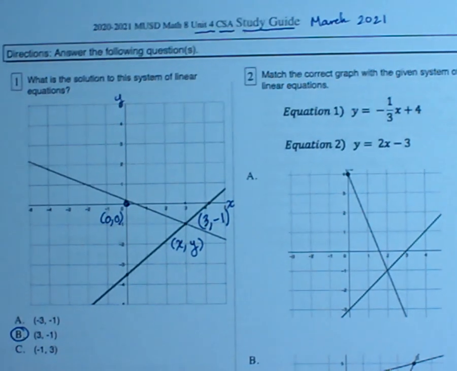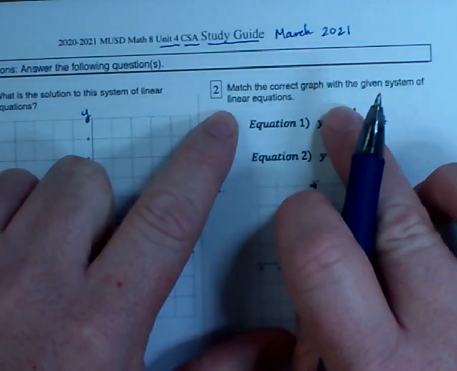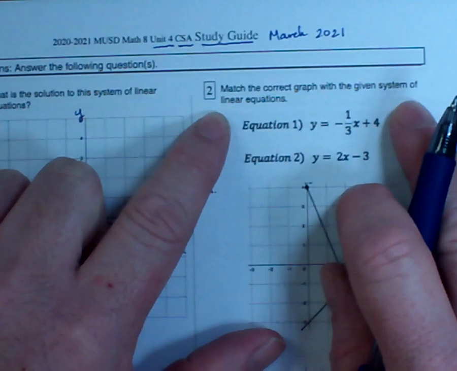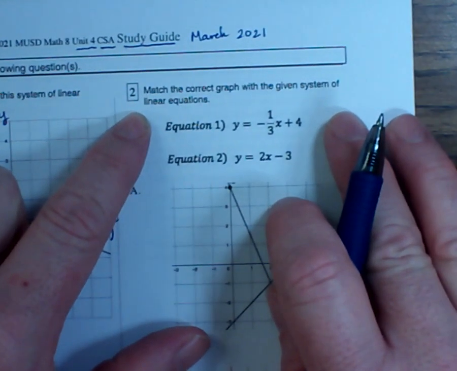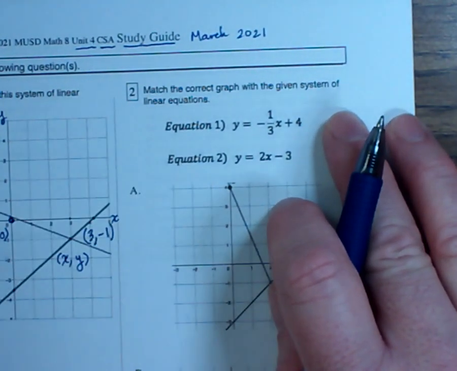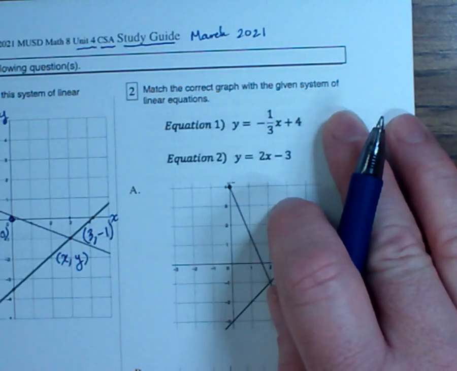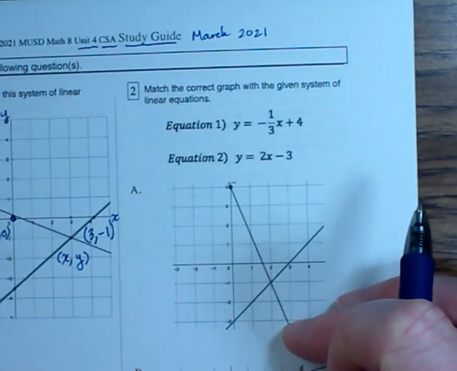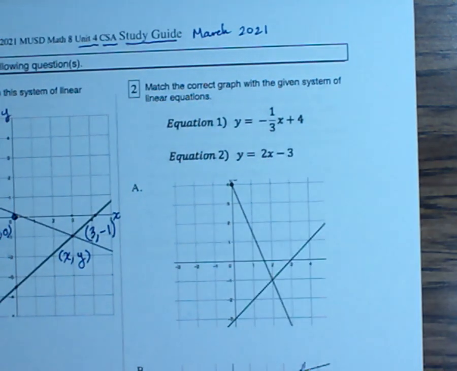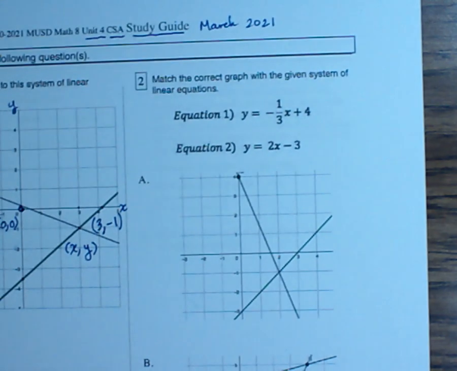Problem 2. Match the correct graph with the given system of linear equations. So we're given two linear equations, and we're asked to find and match where they go. Now, before you begin, you might start by thinking, I need to think about where these might cross.